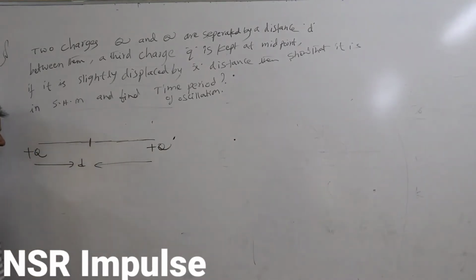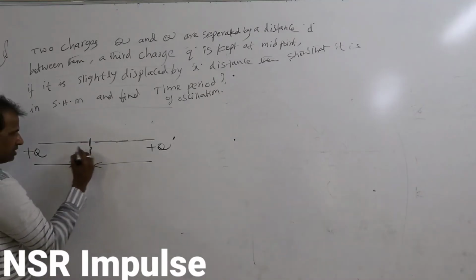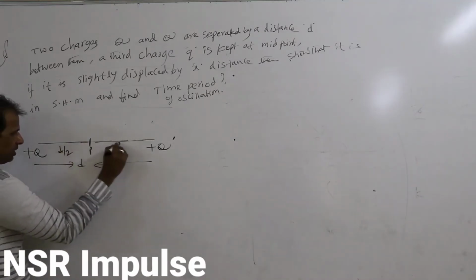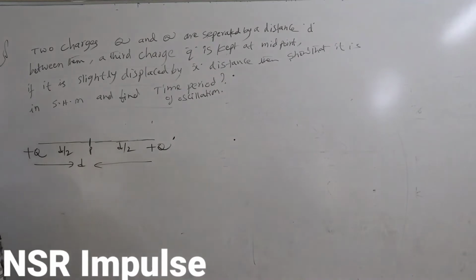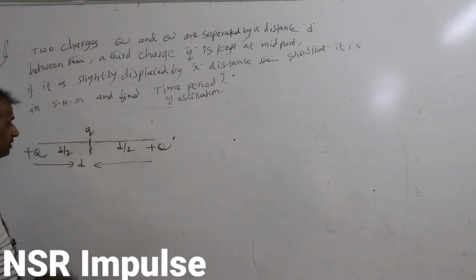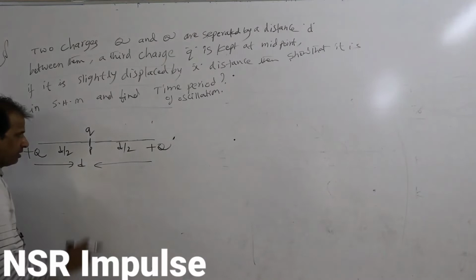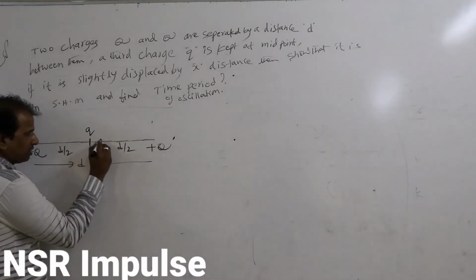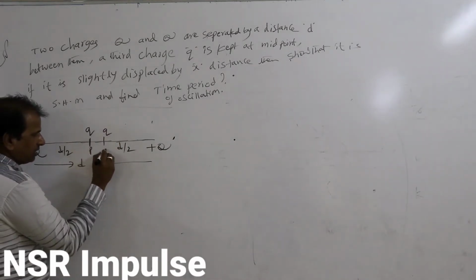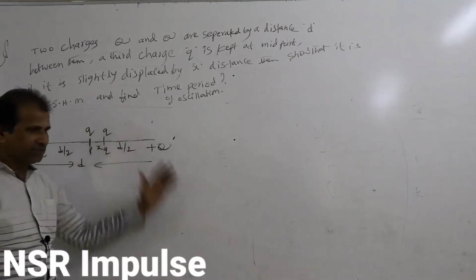Then exactly at the midpoint between these two, this is the midpoint. That means d by 2 and d by 2 at the midpoint. Another charge Q is kept, a third charge Q. It is slightly displaced by x distance. From here, the third charge Q is slightly displaced by a distance x, like this.